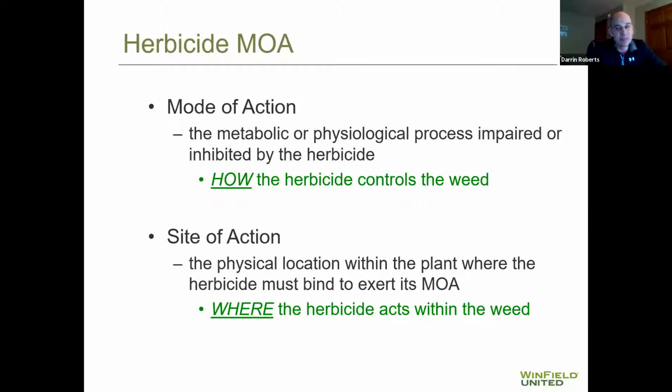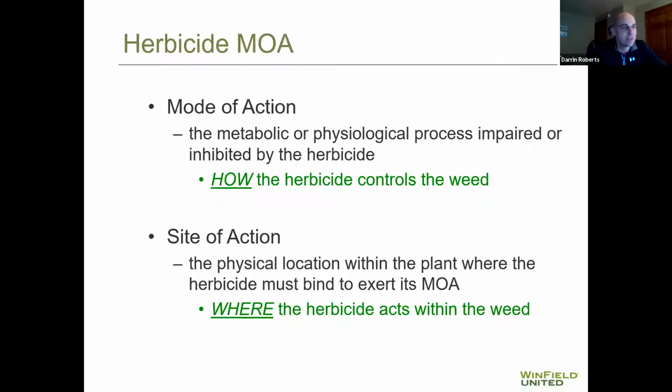Okay, so as far as herbicide mode of action and site of action, there's a little bit of a difference there. So mode of action in general, it refers to kind of the whole process of what's happening when you apply a specific herbicide to the plant, the whole process from start to finish of how it's going to kill that plant. You can see a little more in-depth description there on the slide. Site of action, however, is a lot more specific.